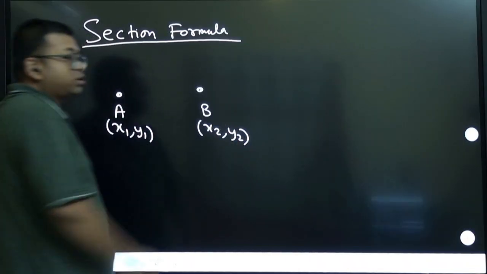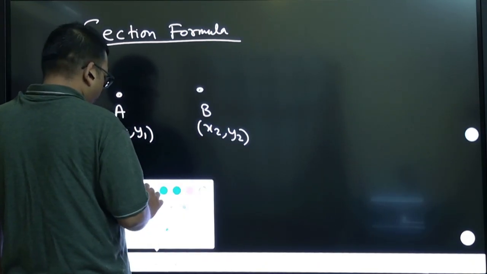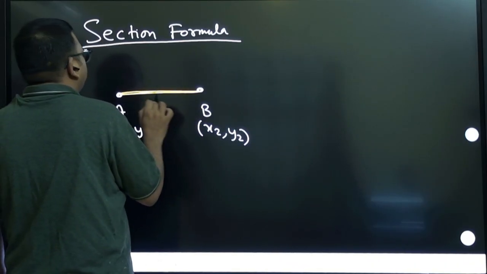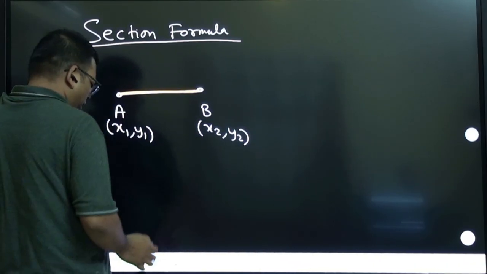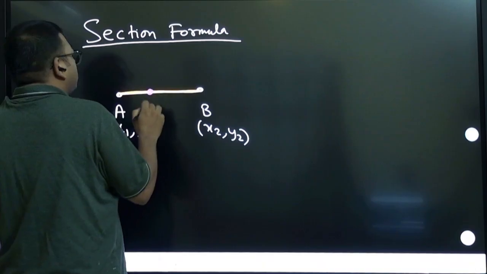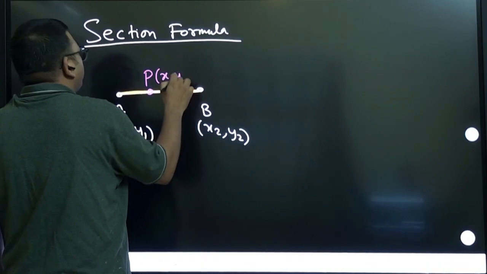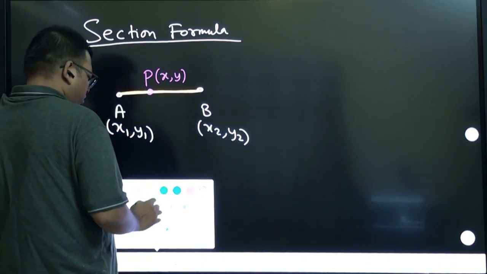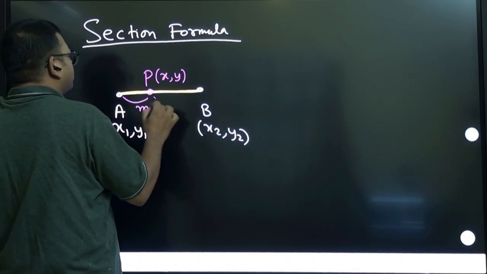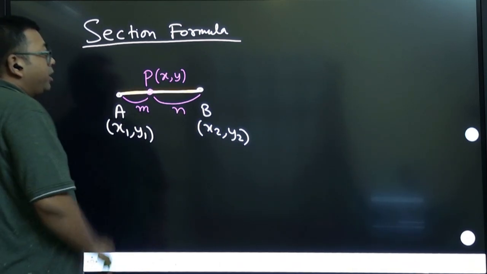Now I want to find a point inside this straight line AB, anywhere on it, and I want to find its coordinate x comma y, so that this point divides the line in the ratio m is to n.